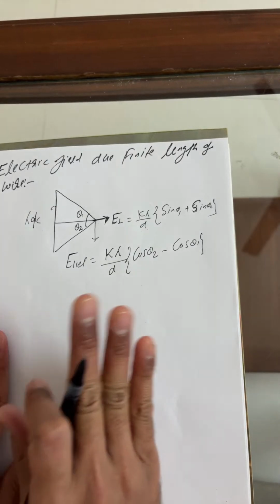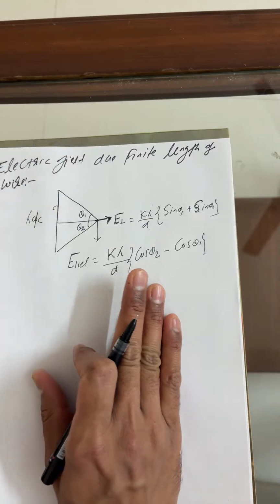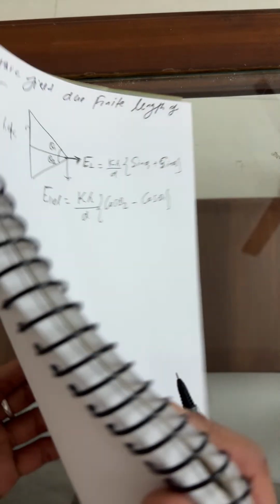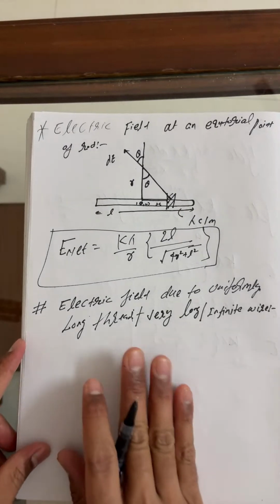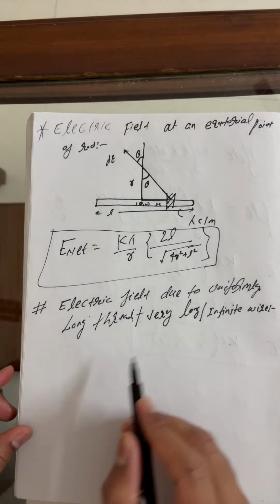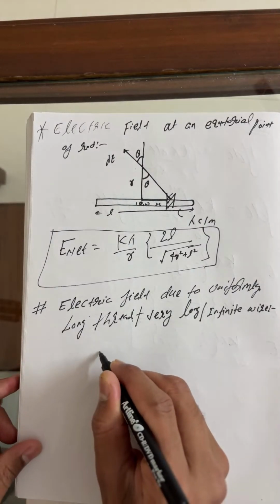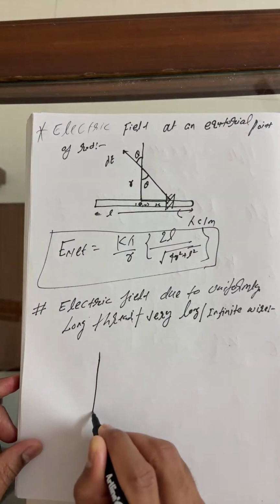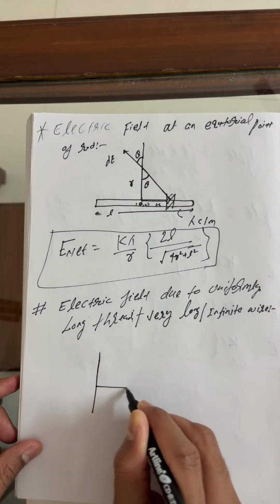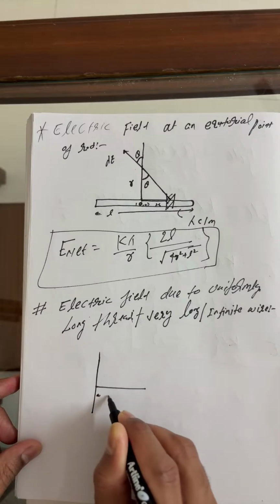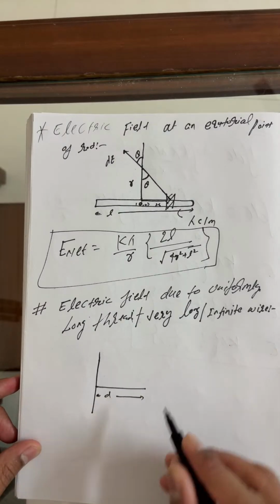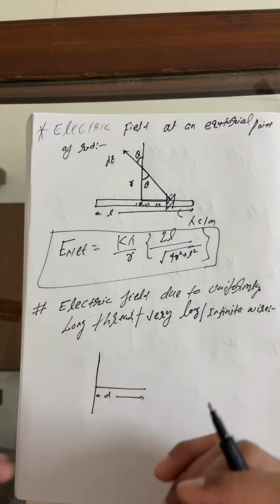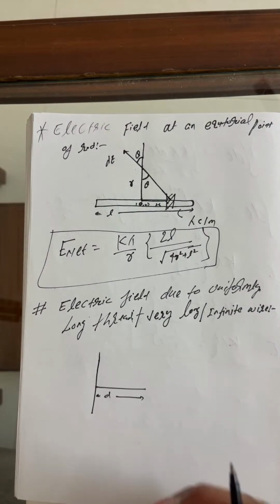We know this formula which I wrote over here, and the same thing I'll apply here. This is an infinite wire, with distance D. What is the maximum possibility of theta 1 and theta 2?